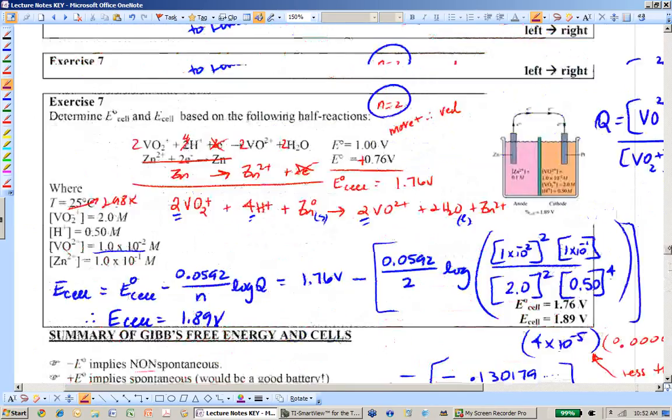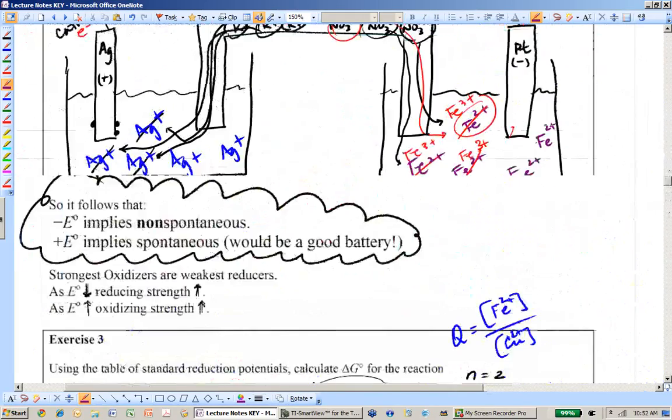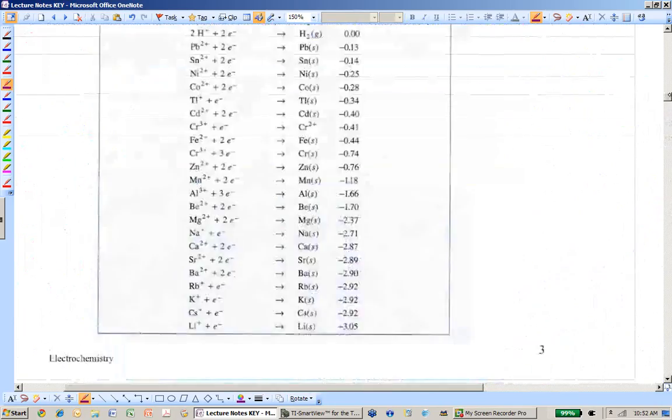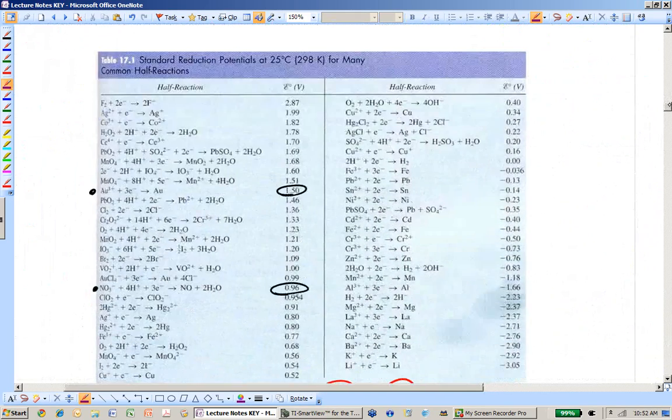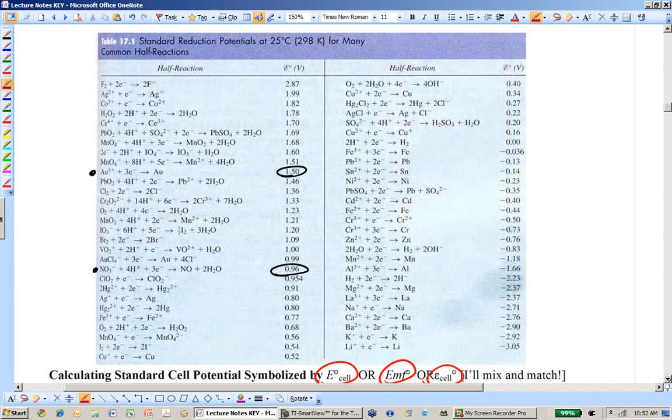All right, so if I go, don't watch, this will make you dizzy. Close your eyes. I'll tell you when I get there. If we go back up to this table, this is table 17.1, and we've marked on it before for other things that we've needed, so I'll use blue for these. I'm looking for the Ce4+ ion. It's in here somewhere.